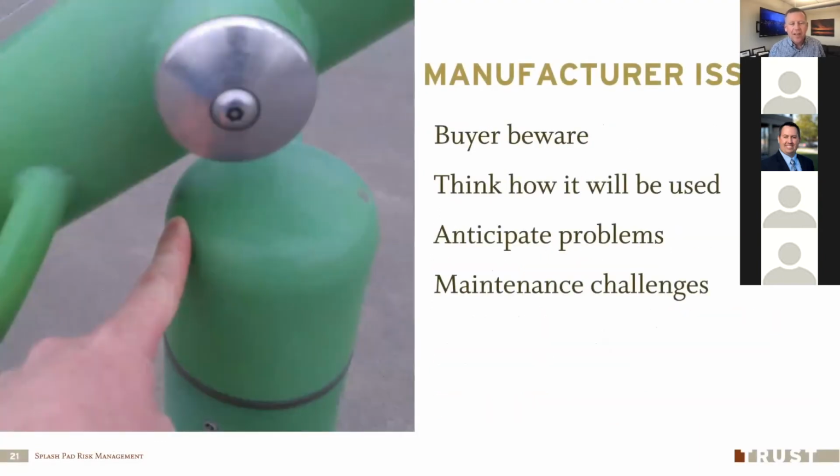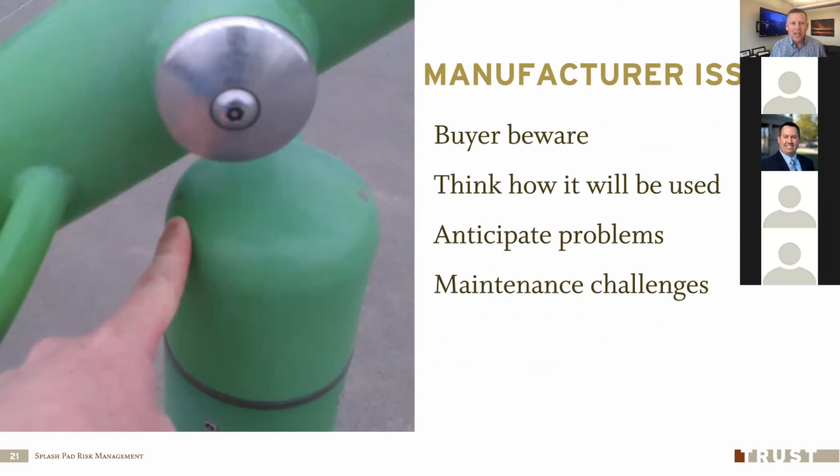Other things, investigate. If you're looking at putting in a specific splash pad and somebody else has it, go to that city, go to that splash pad and look at it and say, okay, what might the problems be? This is one I took a picture of years ago. It wasn't terrible, but this little water cannon had a really nasty pinch point.